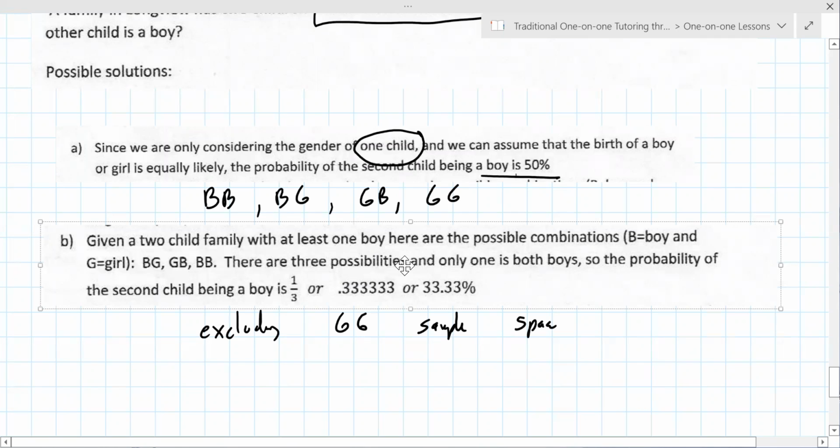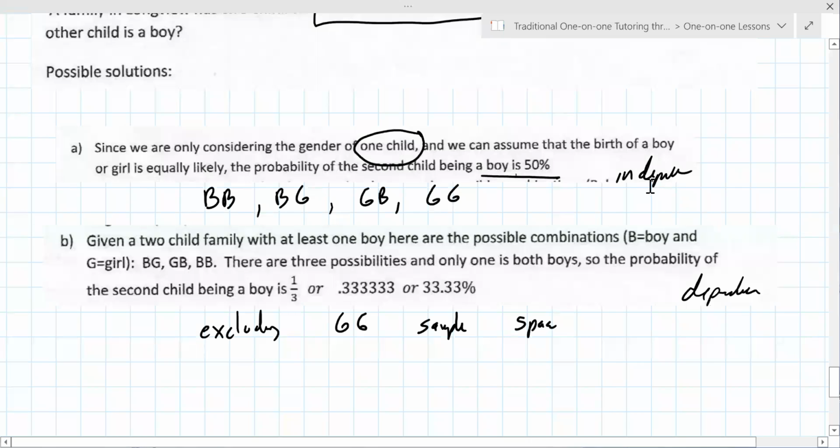For B, since you have some information, it's about dependence versus independence. I don't think you can go wrong. You can just explain as briefly as possible. Yeah, makes sense.